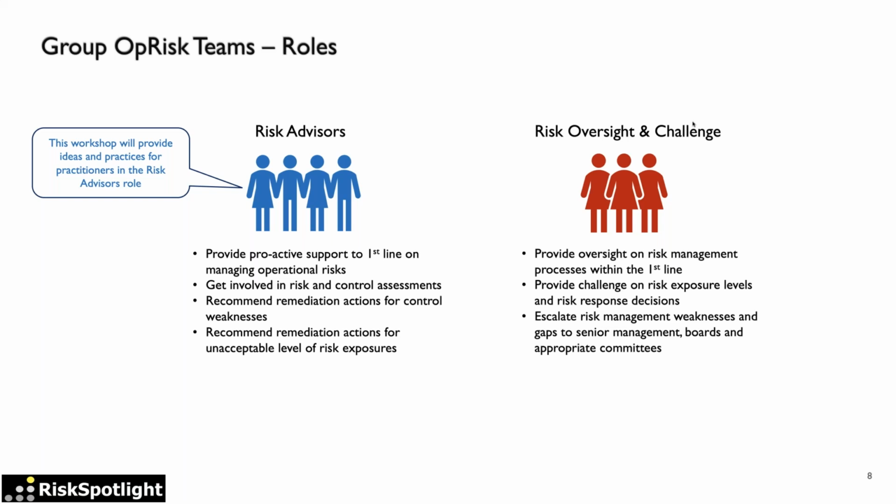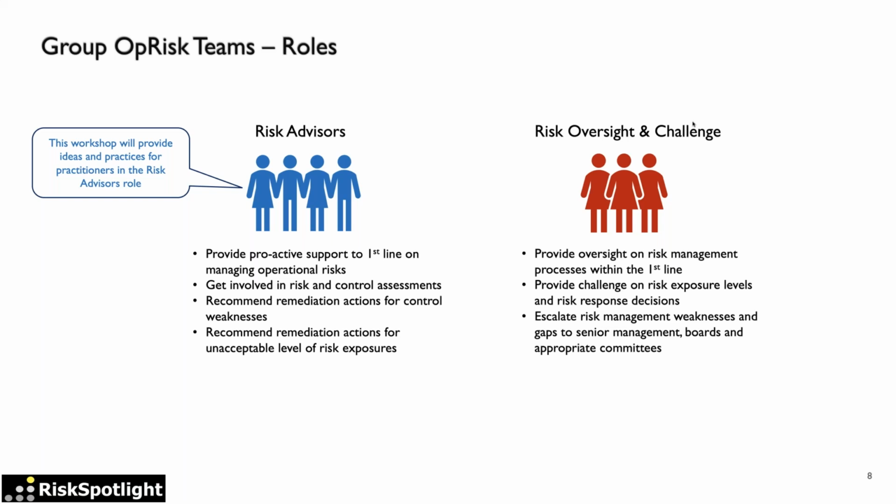The risk oversight and challenge stay separate. They don't get involved in all that helping out of the first line, because they have given the framework, and now their job is just to challenge. They provide the oversight on the risk management processes, so whether the RCSAs are happening at the right moment, they will provide a challenge. If a first line is accepting a certain high level of risk, they may go and challenge why that risk has been accepted, and they are the ones who escalate if they are not satisfied, to the senior management board and the risk committee.